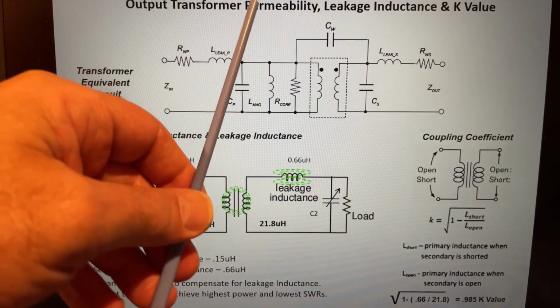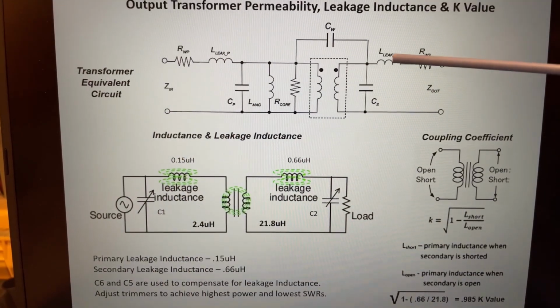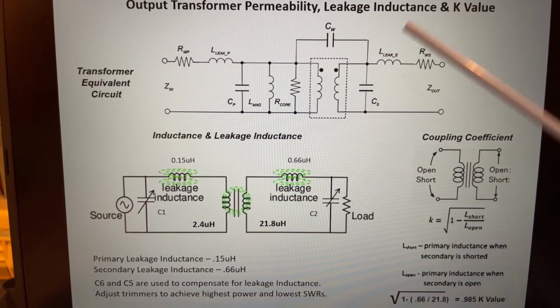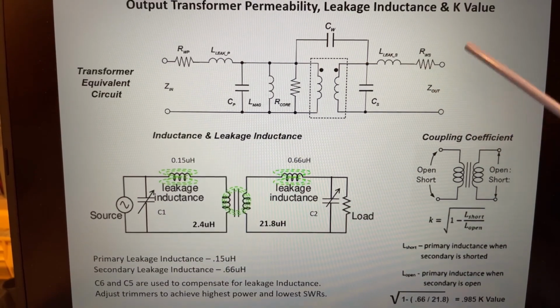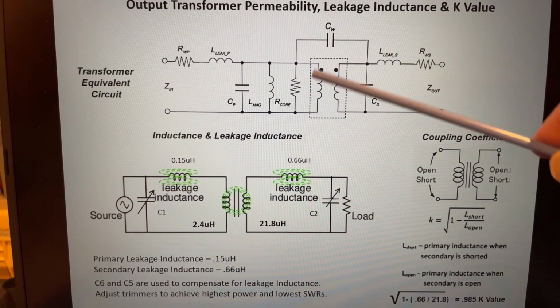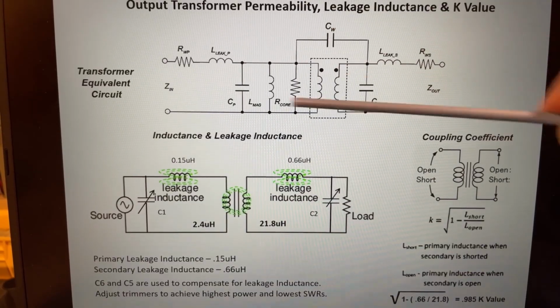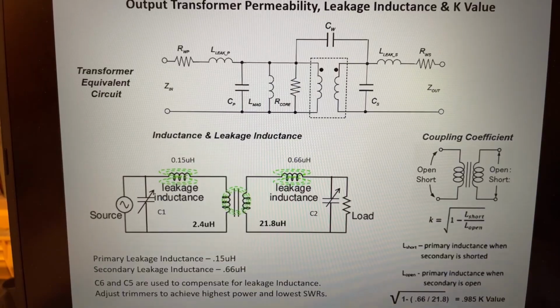You have the magnetizing inductance. And then on the other side, we have capacitance in the secondary, just between the wires, and then we have the leakage inductance of the secondary and the resistance of the wire. And then between windings, we have the inter-winding capacitance, the capacitance between the two coils.